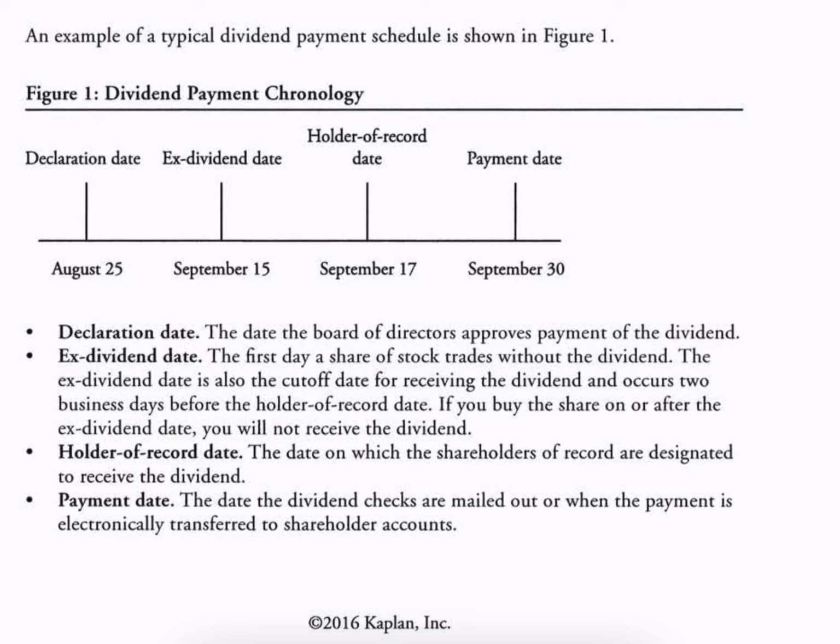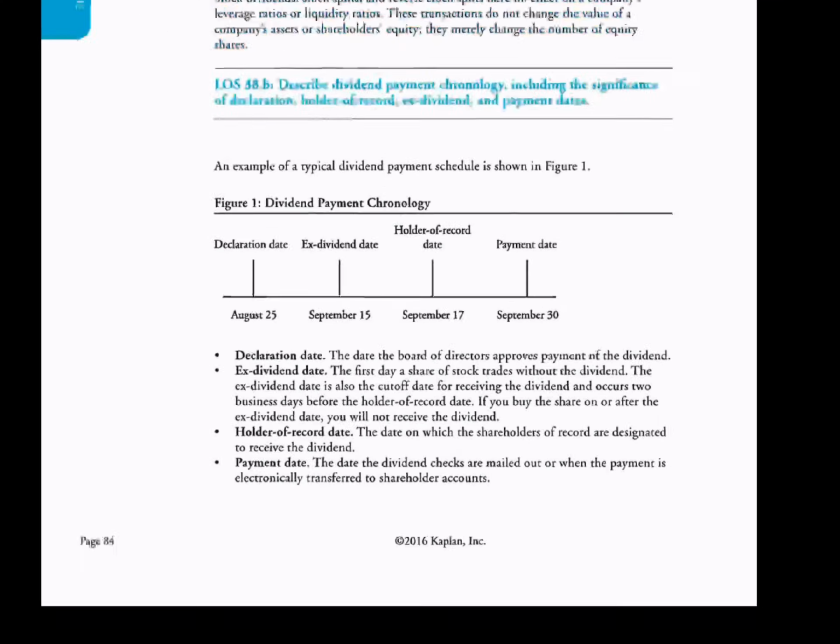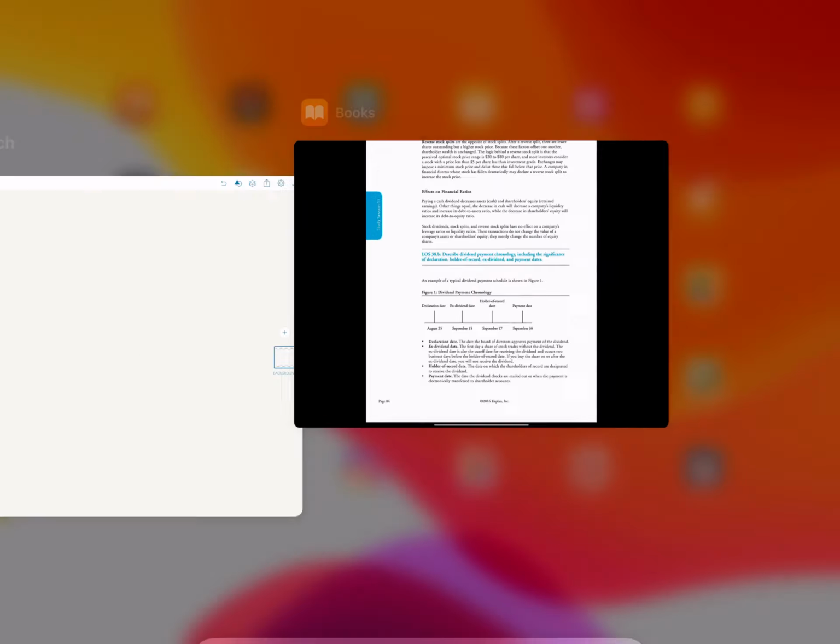It takes some time, nearly 1 month or more, between the declaration date, when we say we will pay the dividends, and the actual payment date. I want to accentuate this fact because we will be using it.